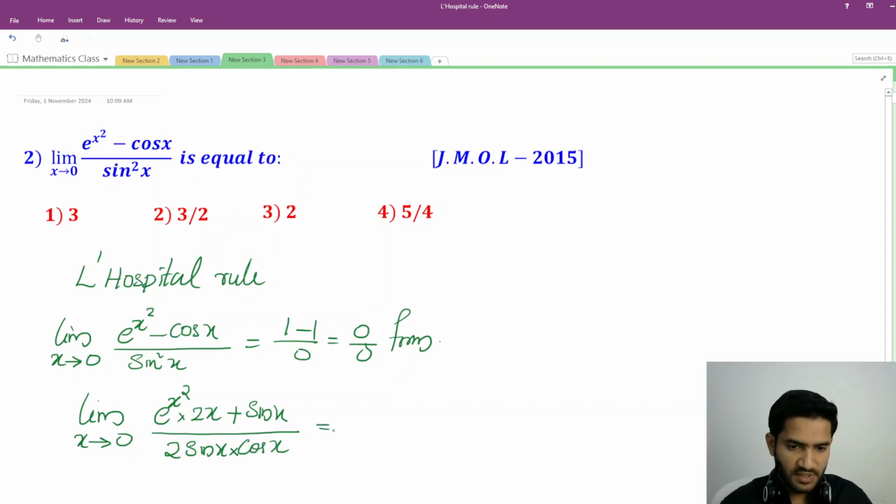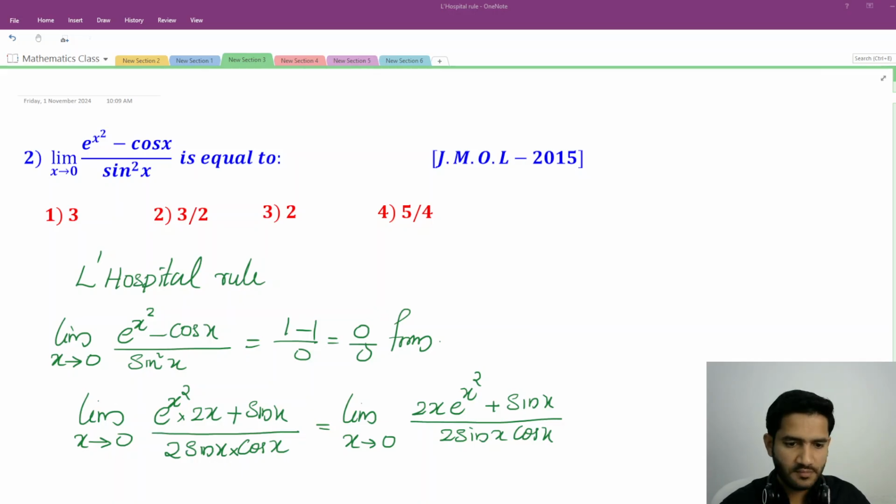So we are finding the limit as x tends to 0 of (2x e raised to x square plus sin x) divided by 2 sin x cos x.